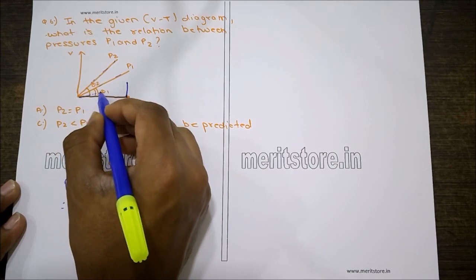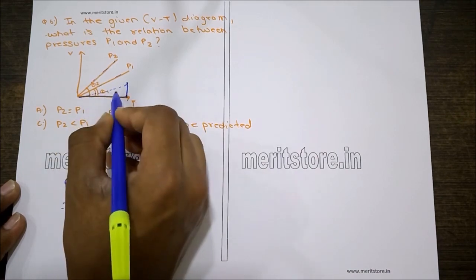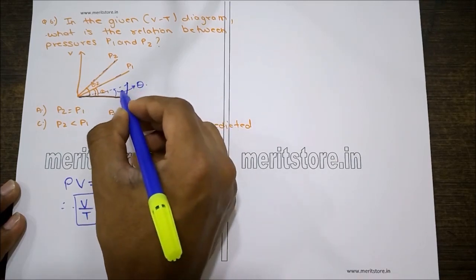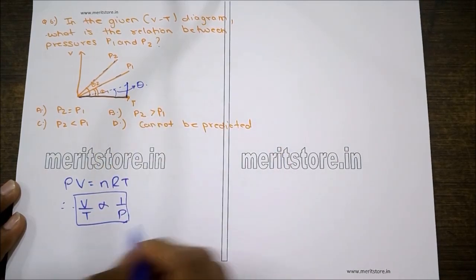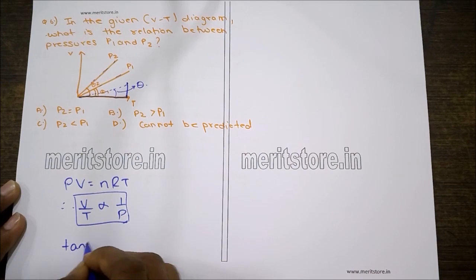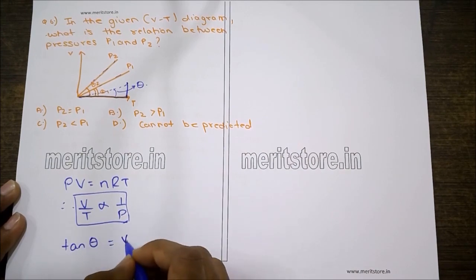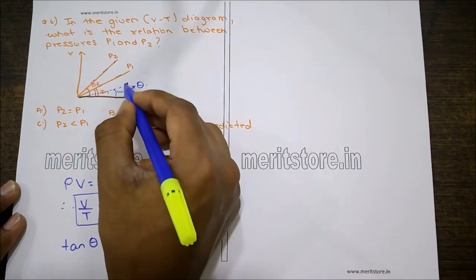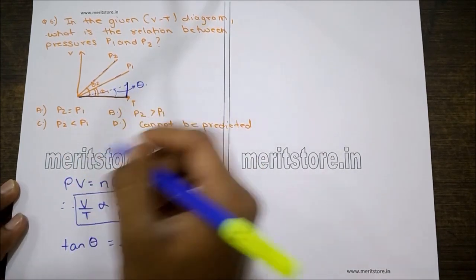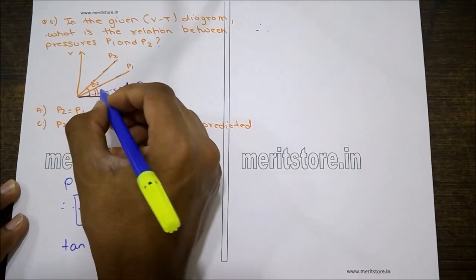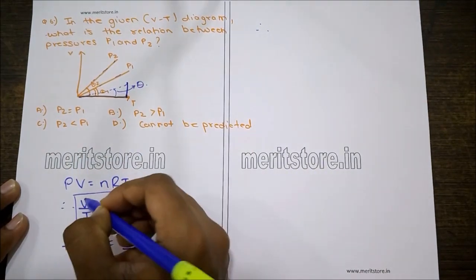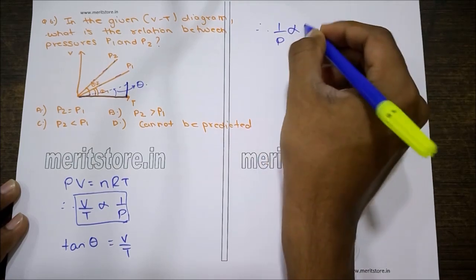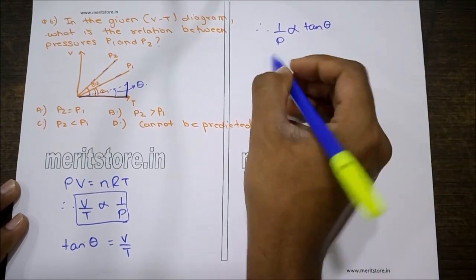So if you want to find out V by T, this angle, let's say theta, tan theta equals V by T, so the volume upon the temperature for this particular point. So similarly, instead of V by T we can write tan theta, so 1 by P is proportional to tan theta.